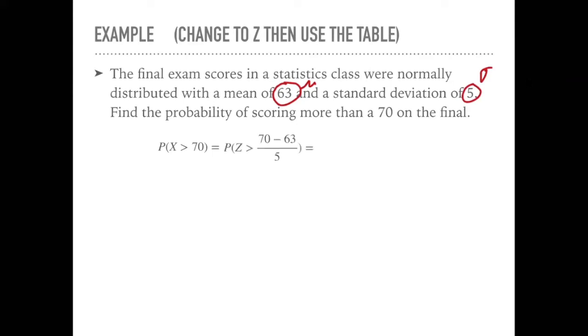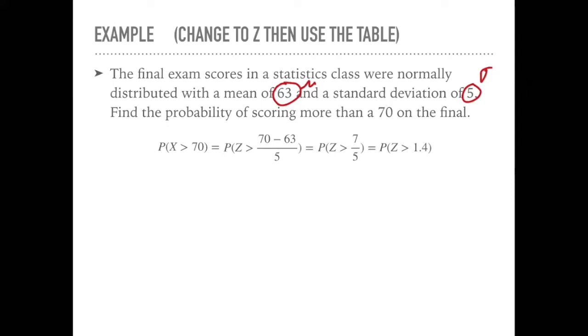So change that to z-scores. The probability z is greater than 70 minus 63 divided by 5. So the probability z is greater than 7 over 5. Change that to decimals because we'll need it in decimals for our table. The probability z is greater than 1.4.